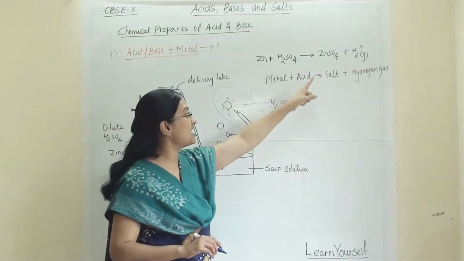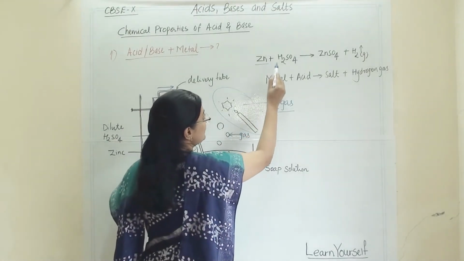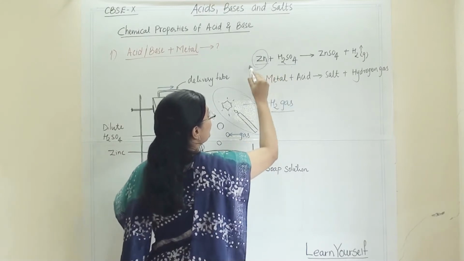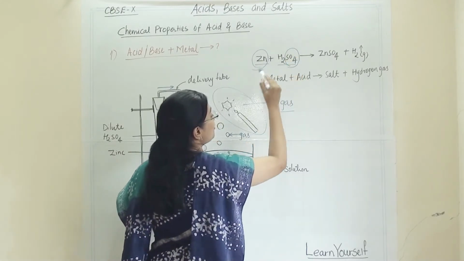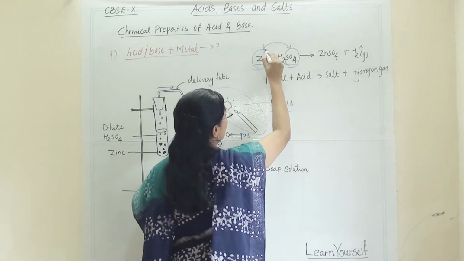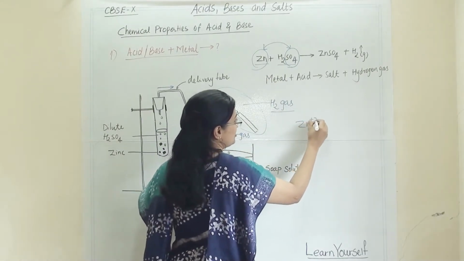This is the reaction for this experiment: when metal reacts with acid, the metal will react with the negative part of that acid and form a salt. Metal is a positive element, Zn2+.